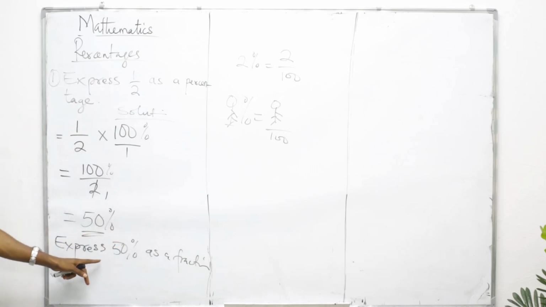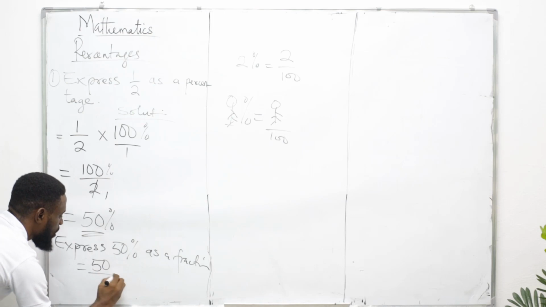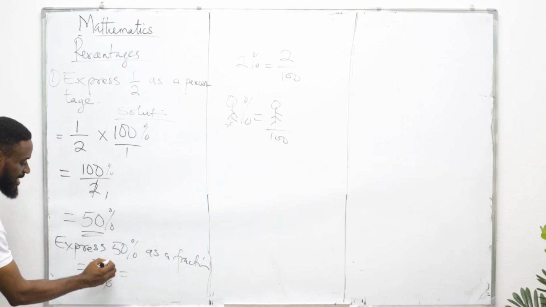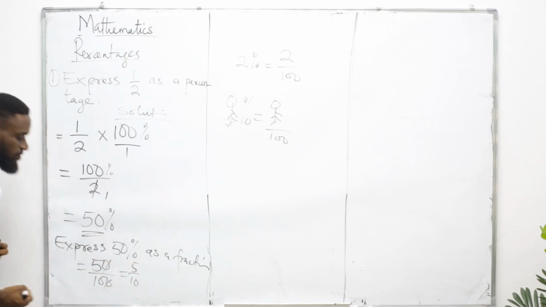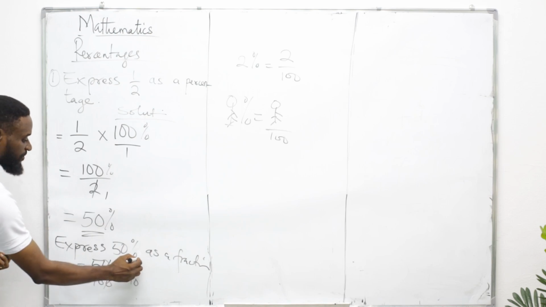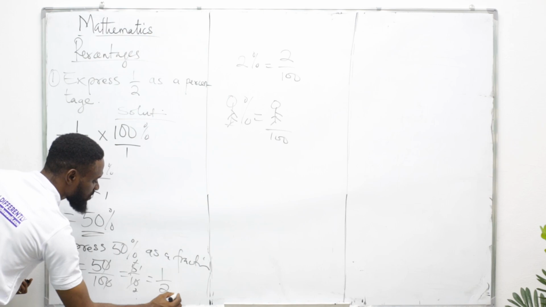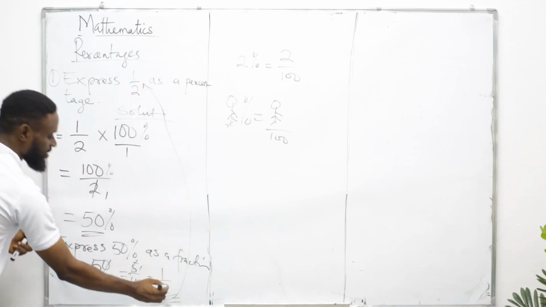So the same thing we have here will mean equal to 50 over 100. And this will be what? 0 divide 0, we are having 5 over 10. 5 is common here, 5 here is 1, 5 here is 2. So this is 1 over 2. Can you see that we have gotten back what we initially have here?